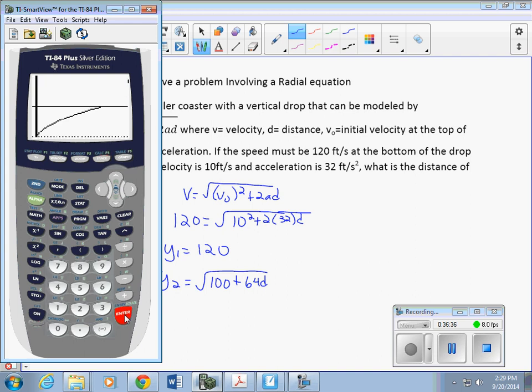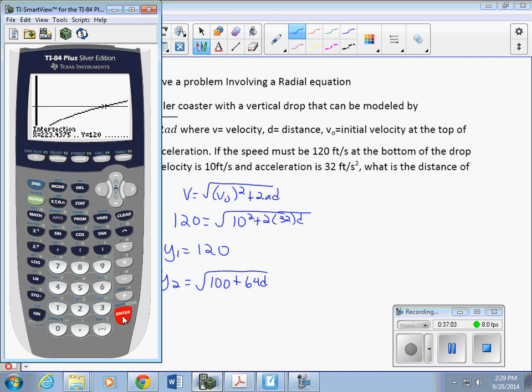I want to go to intersect. So my y1 is 120, so that's on my first curve. Doesn't matter that I'm way over there. Okay, my second curve is y2 is equal to the square root of 100 plus 64x. Enter. Give me a guess.